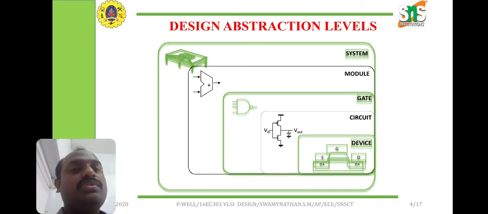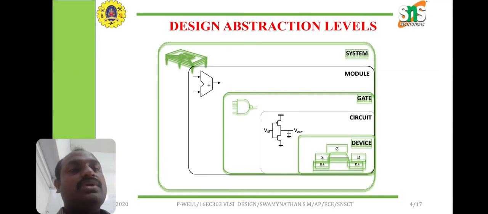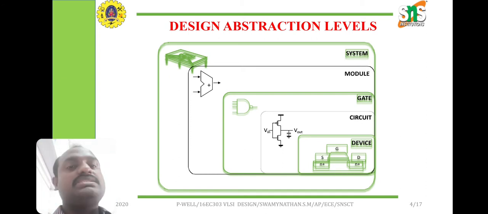Inside the module we are using gates. Inside the gates we are using circuits. Inside the circuits we are using devices. Devices means in terms of source, drain and gate terminals. Here we are using the P-type device, positive, and the N-type device, negative. So these are all the design abstraction levels we are using.